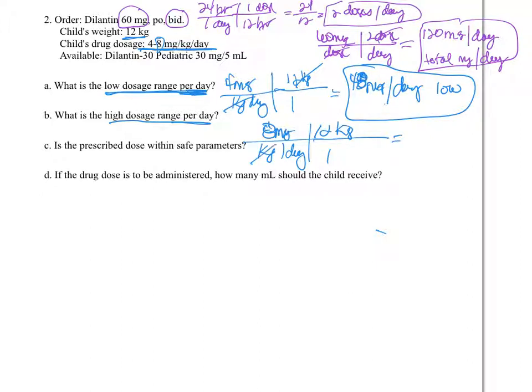And we're going to cross out our kilograms. So that gives us 8 times 12 is 96 milligrams per day. That's our high.